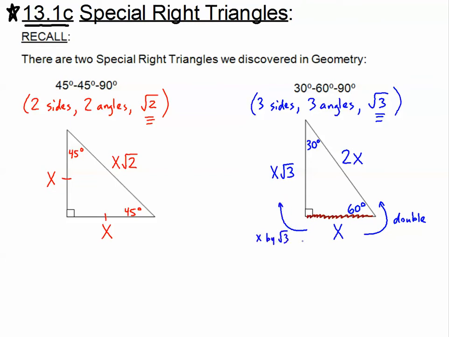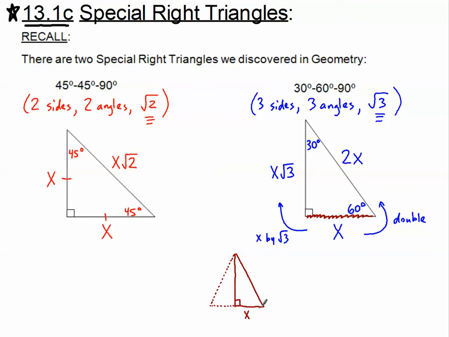Another way to visualize this pattern, and I'm going to draw it down here, is if we have a 30, 60, 90 right triangle, I'll put my little X here, that's really half of an equilateral triangle. So let's imagine that this is an equilateral triangle.